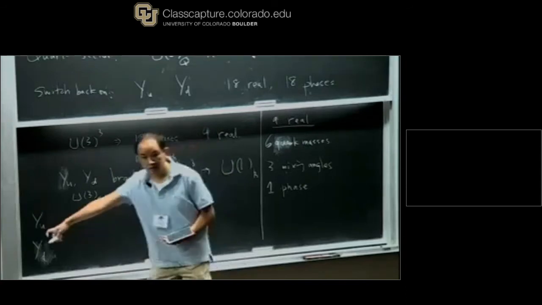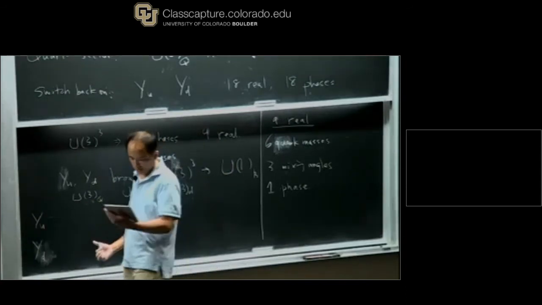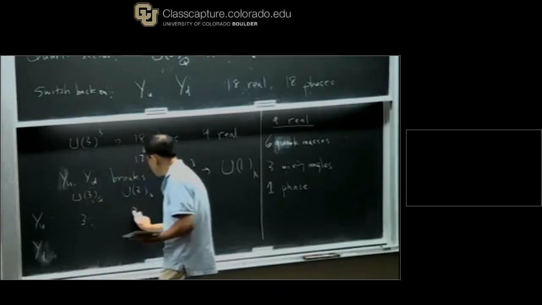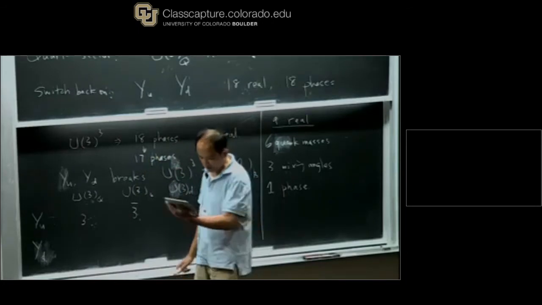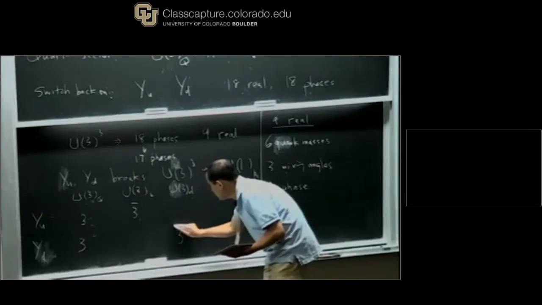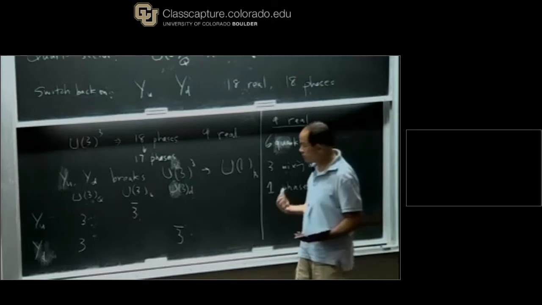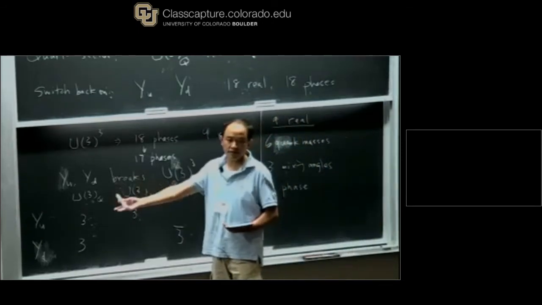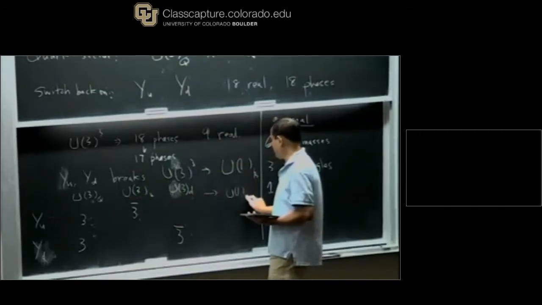The spurions transform under the global symmetry. For example, this one transforms as a 3-3 bar under this global symmetry, and this one transforms as a 3-3 bar under this symmetry. And once I freeze this spurion to its background value, it breaks this global symmetry down to U(1)_B.